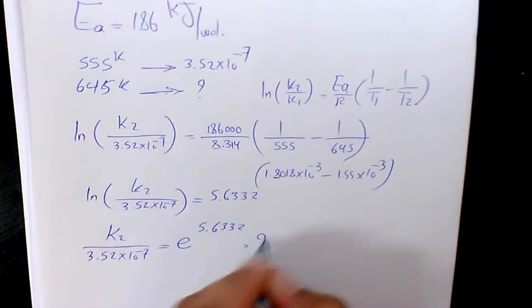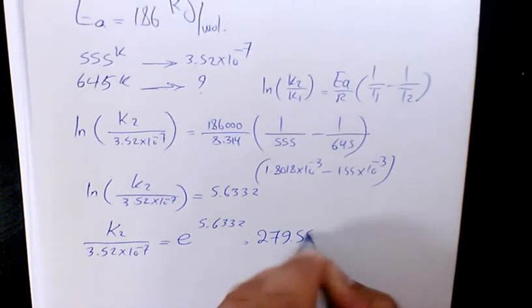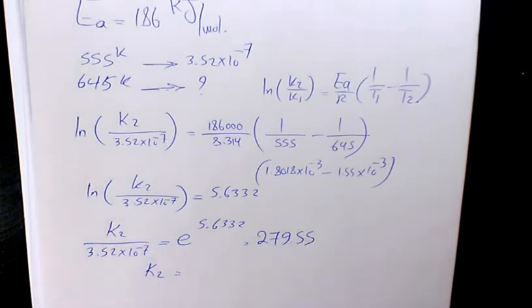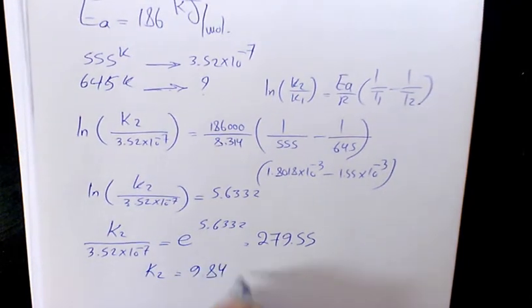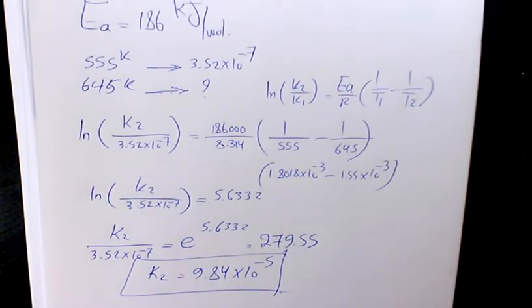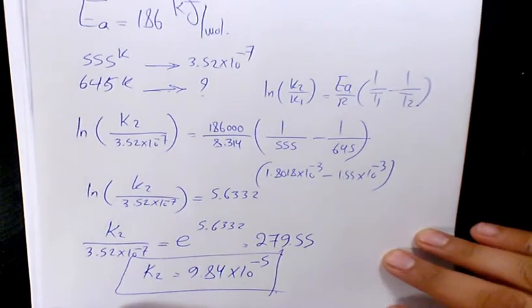That's going to be 279.55. k2 will be the multiplication of these two numbers. That's going to be 9.84 times 10 to the power of negative 5. That's going to be the rate constant for this example.